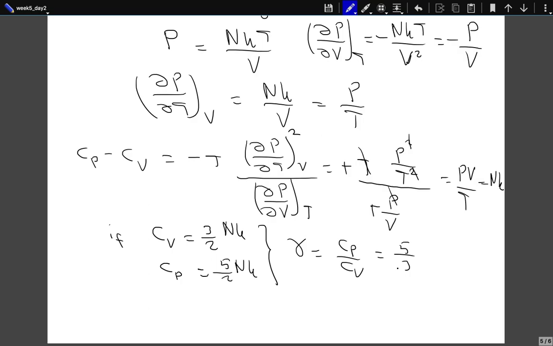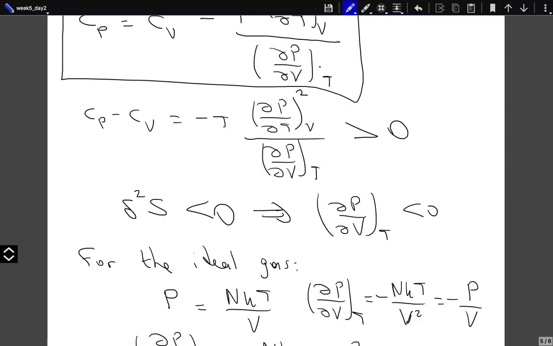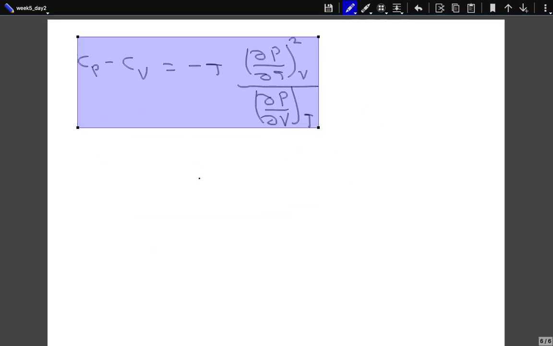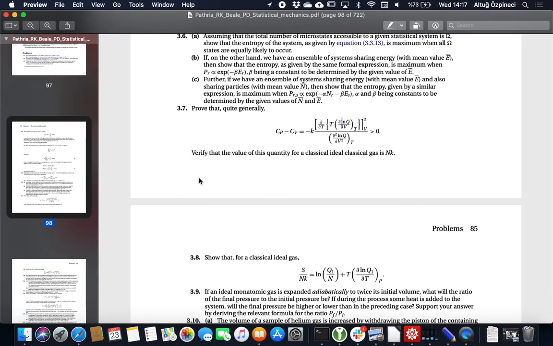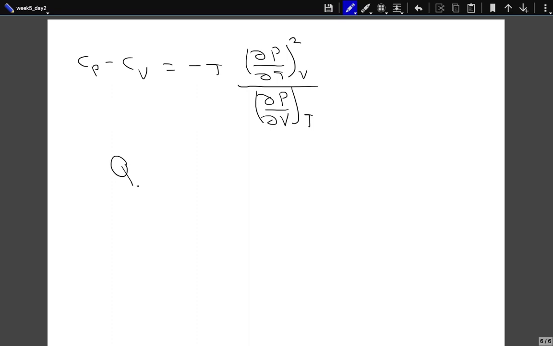Now let's try to convert our final expression to the form given in the book, in terms of the derivative of the logarithm of q with respect to V. What was q? How do we define the partition function?